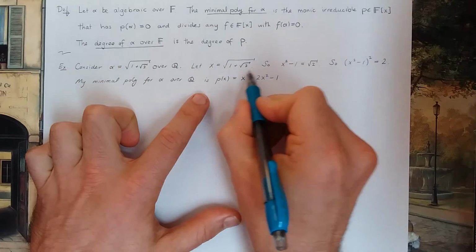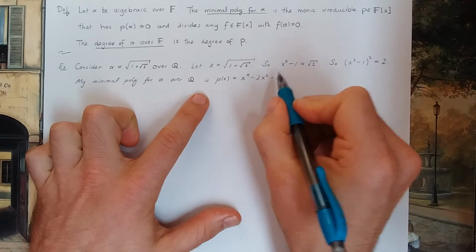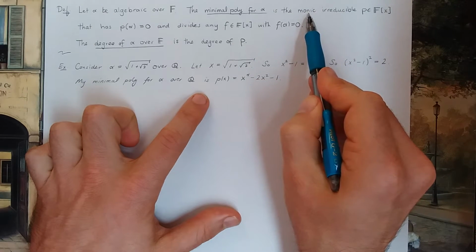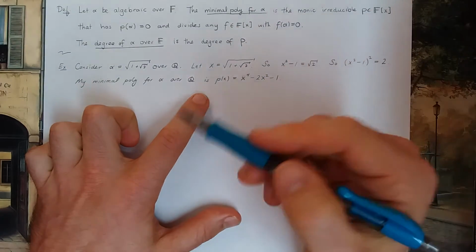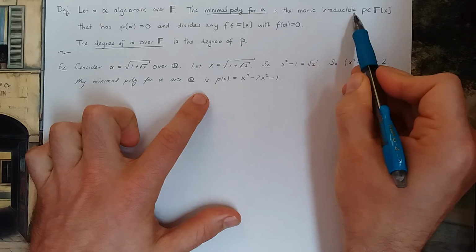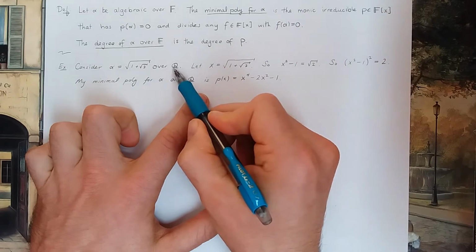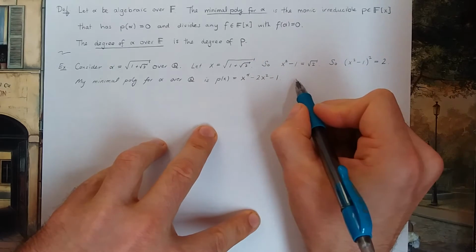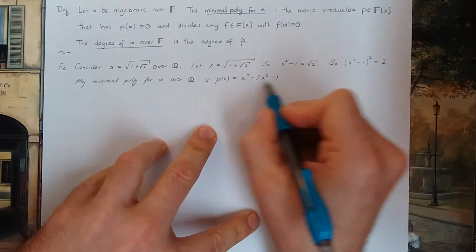So alpha is a root of this polynomial, but is it the minimal polynomial? Well, it's certainly monic. And using the techniques that we've developed in previous videos, it's also irreducible over the rationals. At the very least, you could see that it has no roots in the rationals because of the rational root theorem.